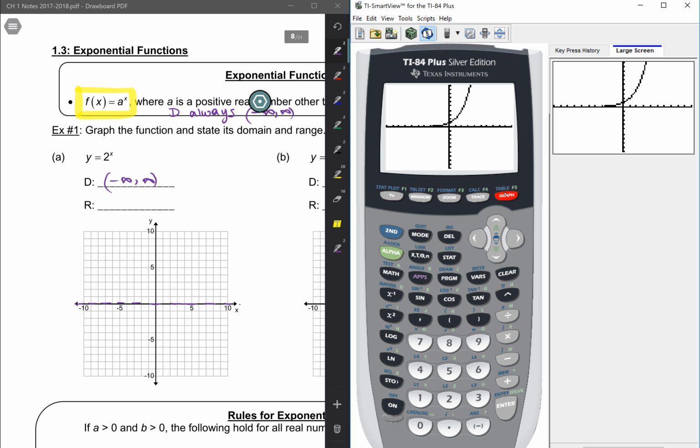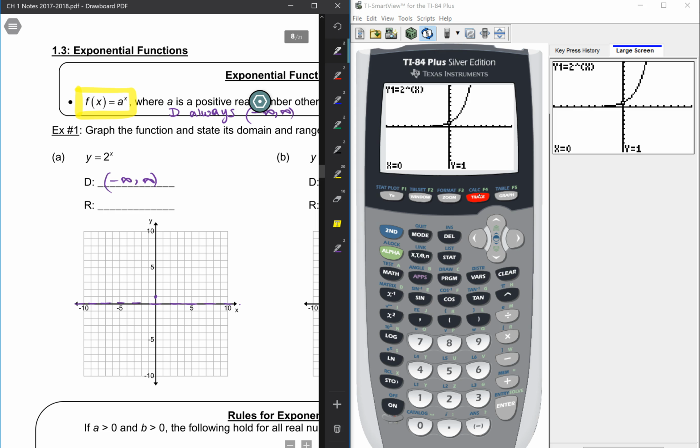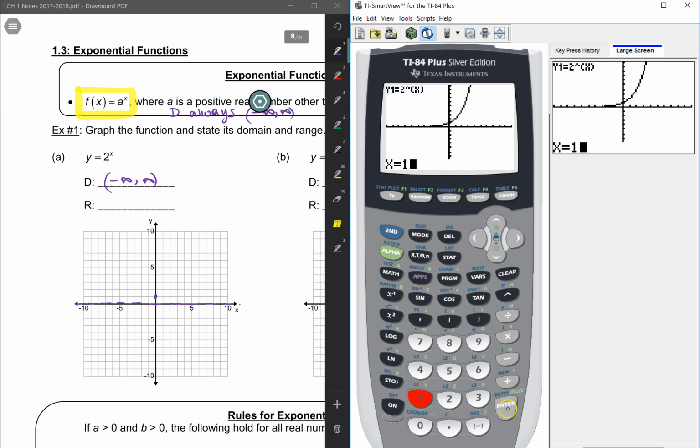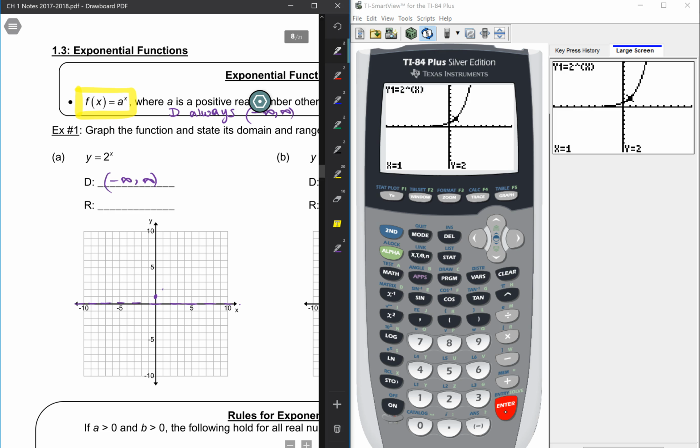Now, if I want to reproduce this on my graph, my easy way of doing it is I press trace. I already have a point there. When x is 0, y is 1. Now in trace mode, I press 1, enter. When x is 1, y is 2.